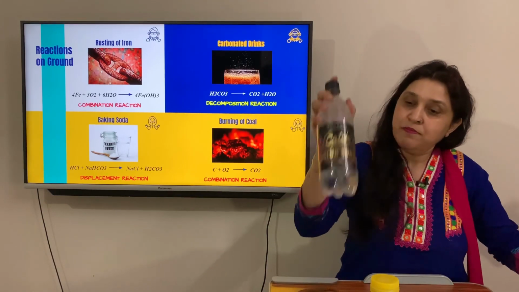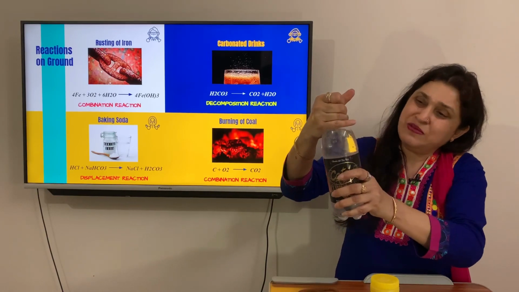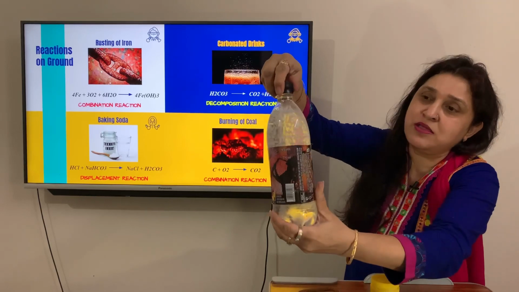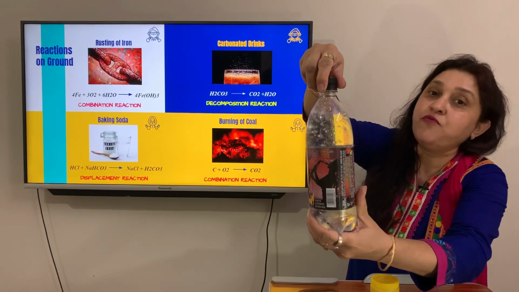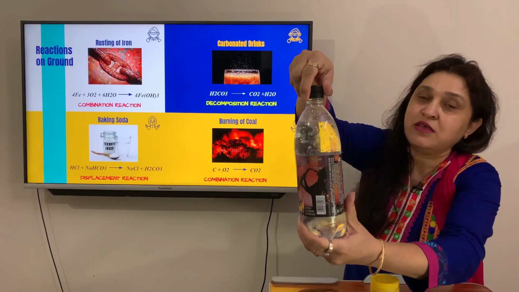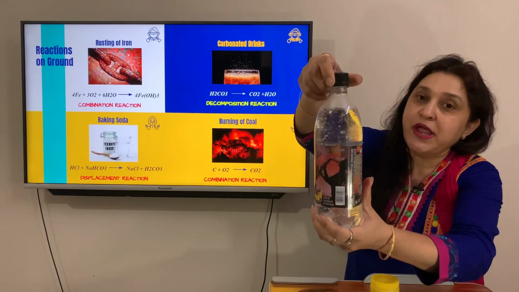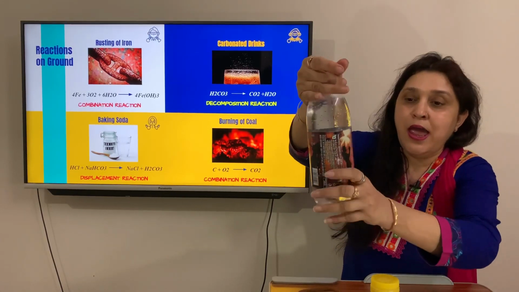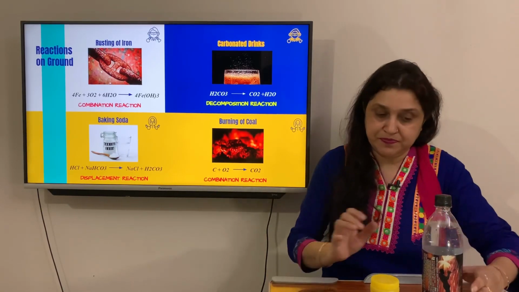Now let's see what type of gas is this. See these bubbles, and these bubbles are of which gas? Yes, carbon dioxide gas. That carbon dioxide gas gets dissolved in water and it forms carbonic acid.